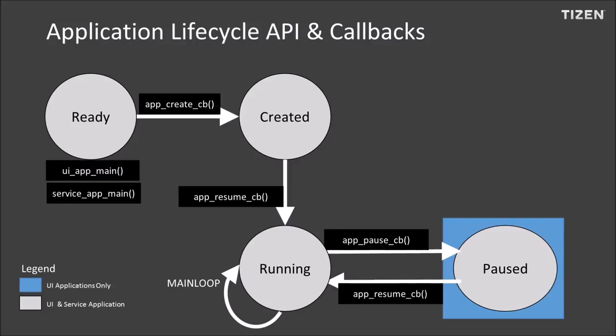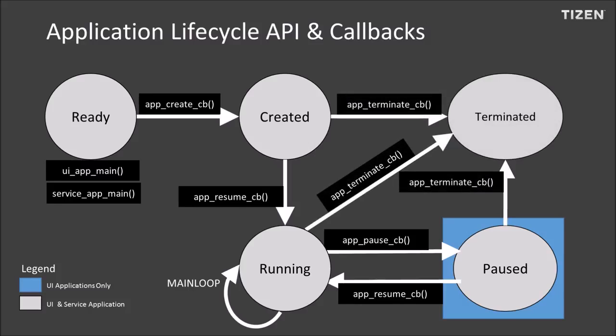Finally, an application can move to terminated state by invoking the UI app exit or service app exit API, or the application framework could terminate the app to handle low memory conditions. In either case, the app terminate callback is invoked before terminating the app so that the app can perform necessary cleanup.